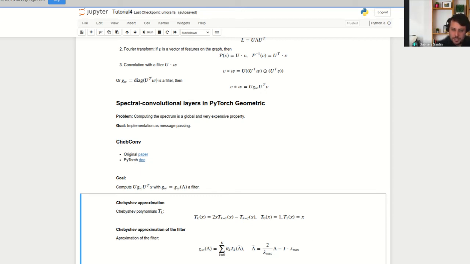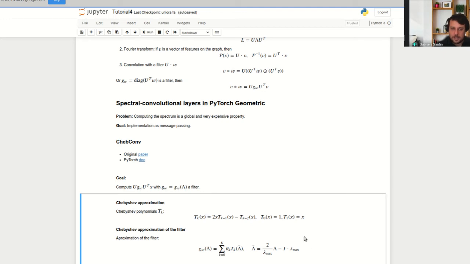There is also a nice property of the Chebyshev polynomials: if we have a matrix like our Laplacian that can be written as a product of these three matrices, then if we compute the polynomial of the Laplacian, every Chebyshev polynomial T_k can be taken inside the product. So we can keep out the two matrix multiplications and just move inside the computation of the Chebyshev polynomial.